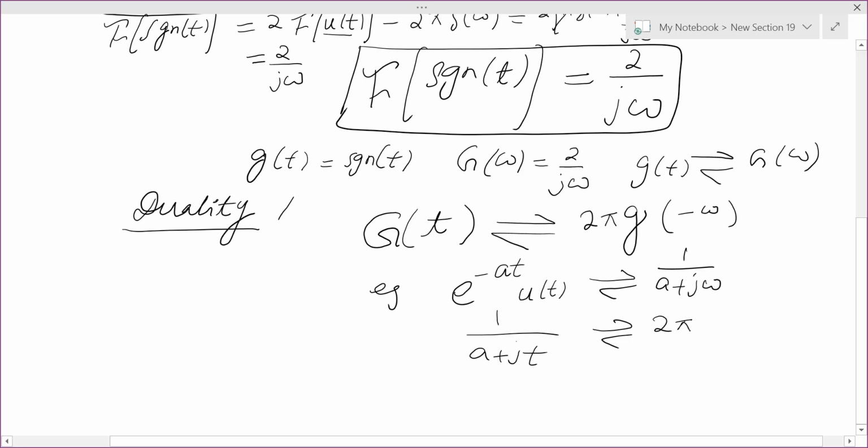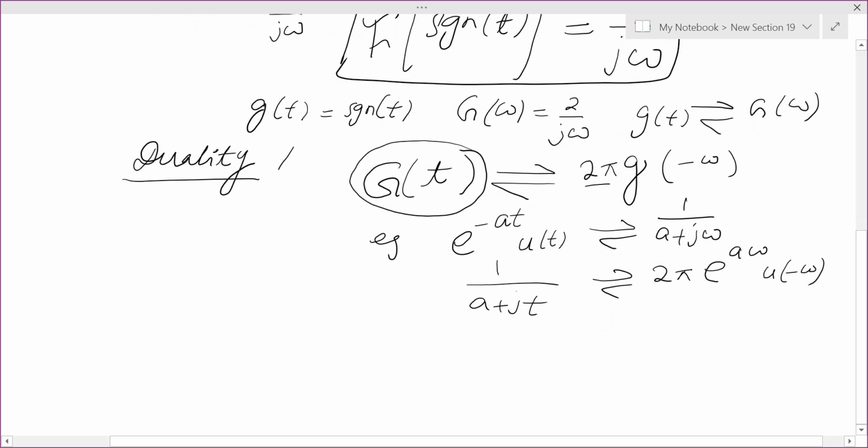Just 2 pi, e to the power a omega u of minus omega. So you have to reverse. It says that in the Fourier transform, if you replace time by frequency and frequency by time, the Fourier transform will be 2 pi times the time function with time replaced by minus omega.